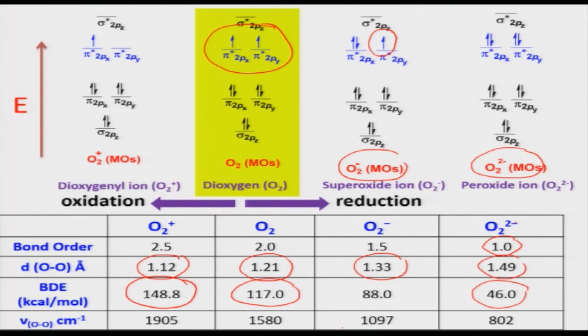So, you see that peroxide has a very small bond dissociation energy, and the stretching frequency decreases from O2 plus to O2, O2 minus and O2 2 minus.